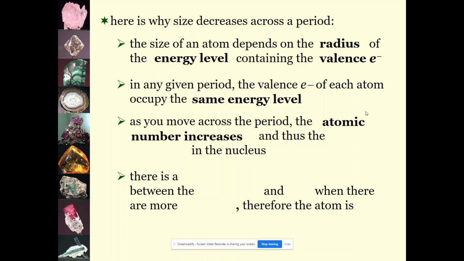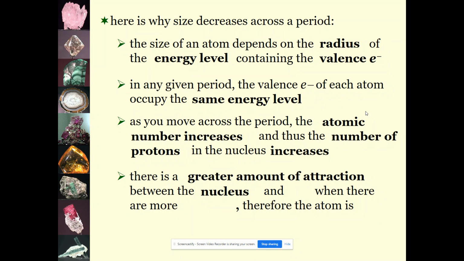So as you move across the period, you are adding more protons and 1 more electron, but that 1 more electron is going into the same valence level. If it's, again, period 2, the second energy level. Okay, so as you're adding more protons, that's more positive charge.